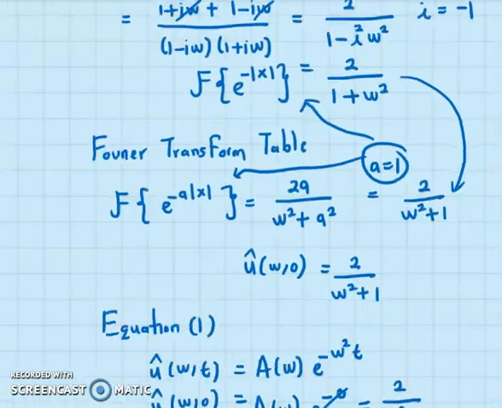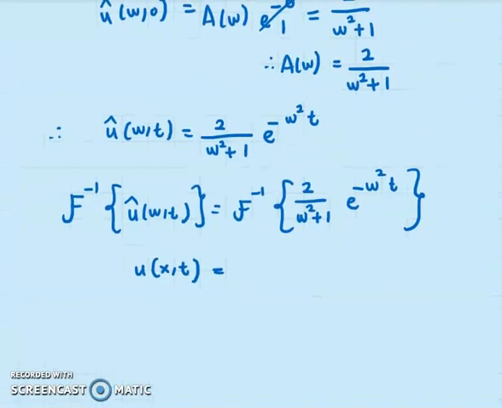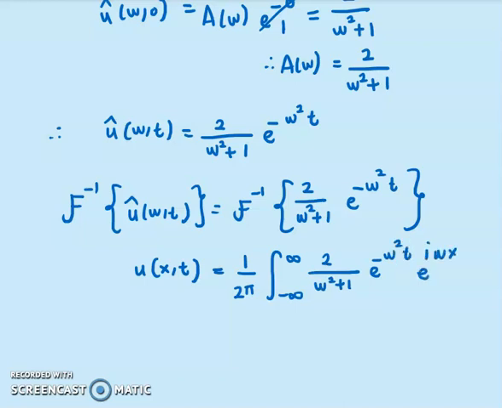Therefore, the inverse of this thing will be given as 1 over 2 pi from minus infinity to infinity, this whole thing here, 2 over omega squared plus 1 e negative omega squared t, e I omega x d omega. Okay, this is the definition of the inverse.